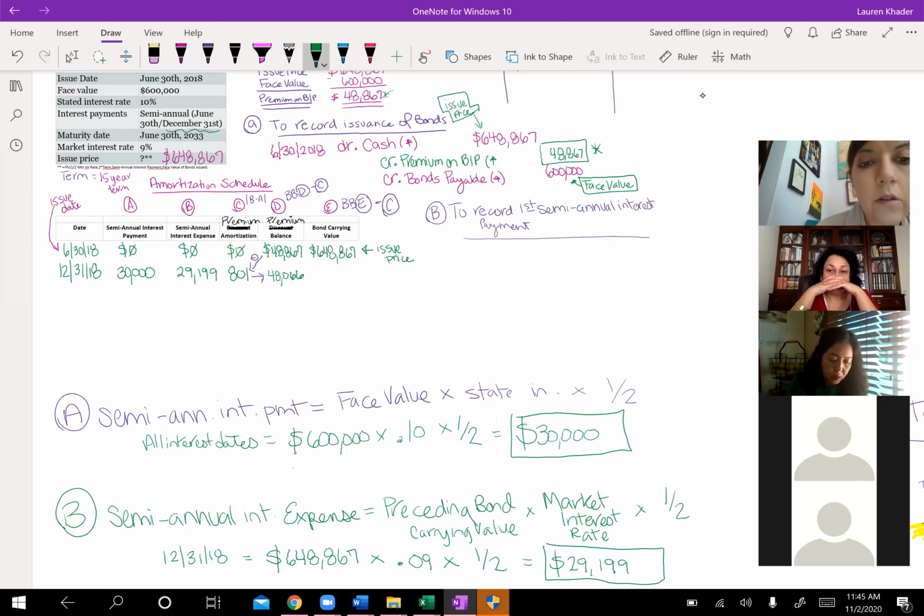Sorry for the squiggly numbers. Our bond carrying value is going to slowly decrease, 648,867 minus the premium amortization of 801, 648,066 is our new carrying value.